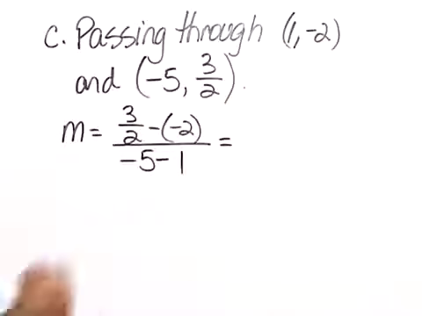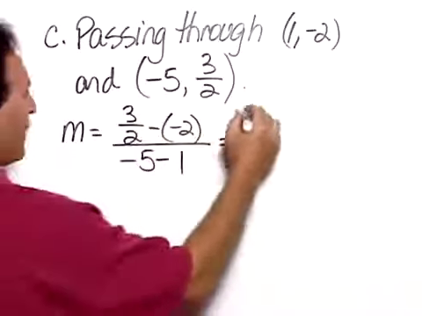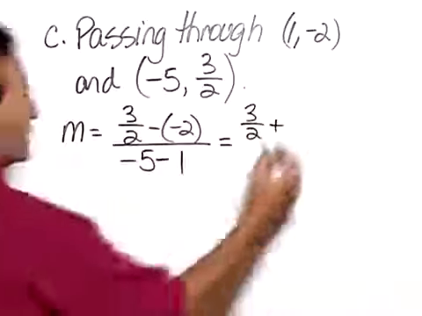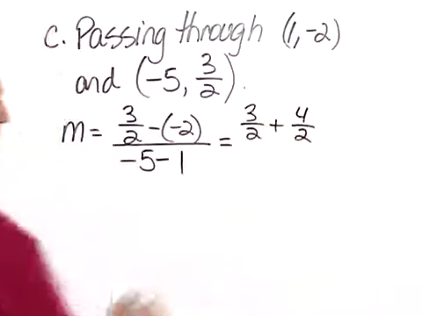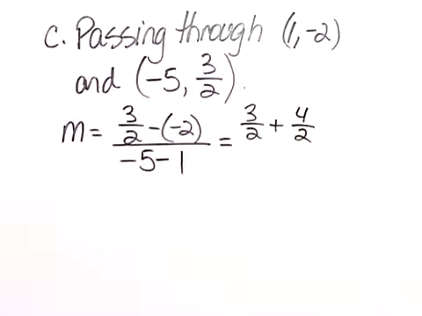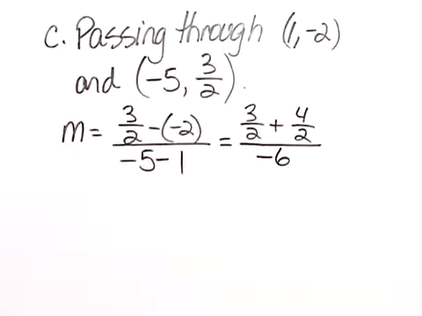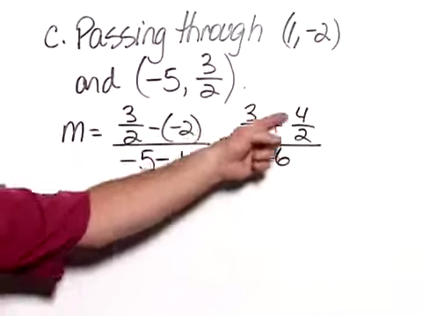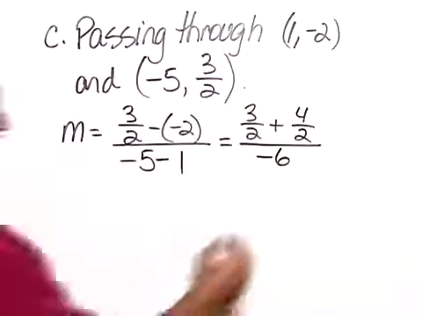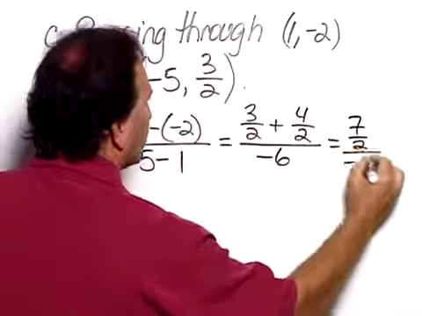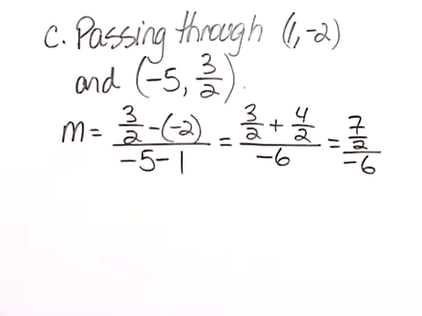In the numerator, the double negatives become a plus, so it's 3/2 plus 2. But of course, the 2 we'll write as 4/2 because we want to be able to add those two fractions together. In the denominator, we have -6. So in the numerator, 3/2 plus 4/2 is 7/2, and in the denominator we have negative 6.